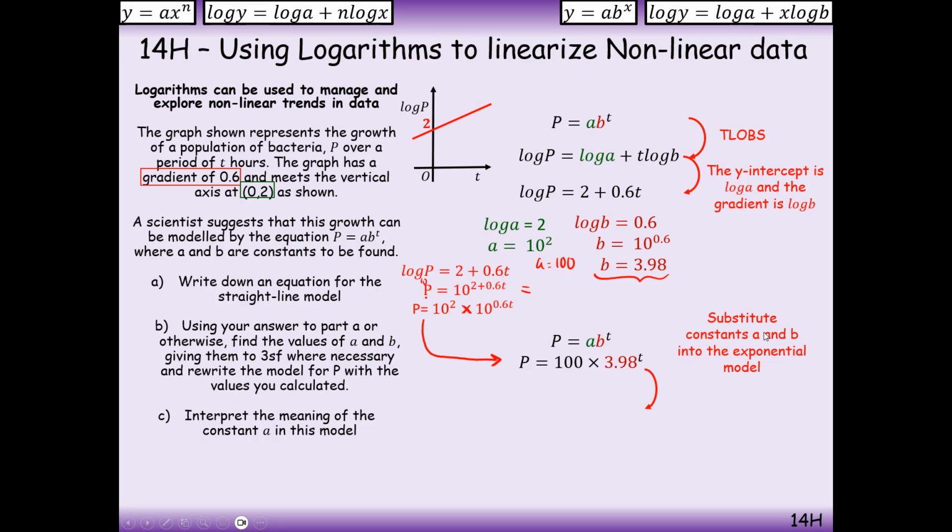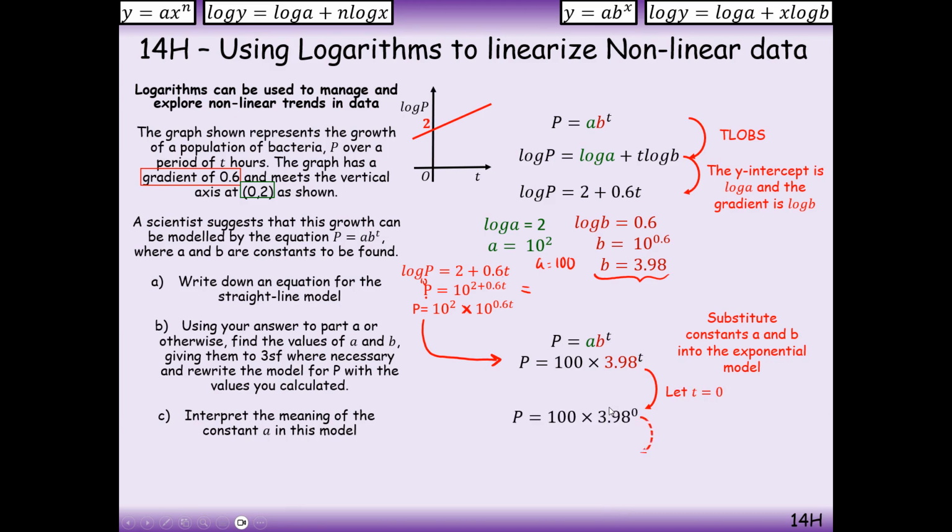So now what are we doing here? It says interpret the meaning of constant a. Now, if you remember when we solved some initial questions, when the value of t is 0, b raised to the power of t will be 1, so p will be a.